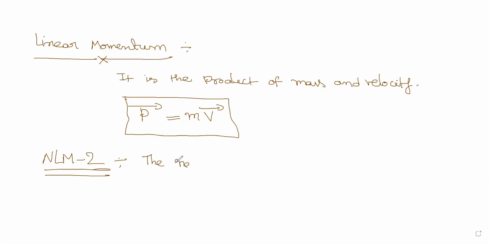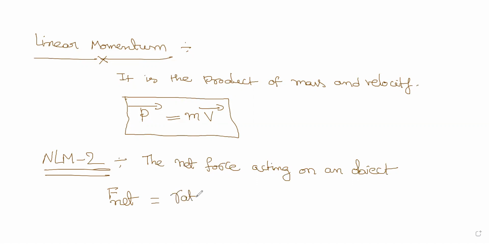The net force, to be exact, the net force acting on an object, that is called F net. It is a little bit difficult to understand this net force. That is nothing but the rate of change of momentum.